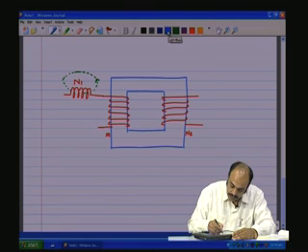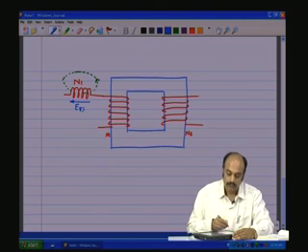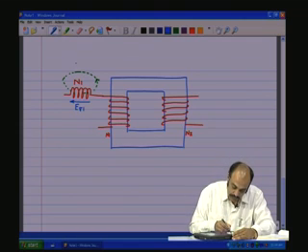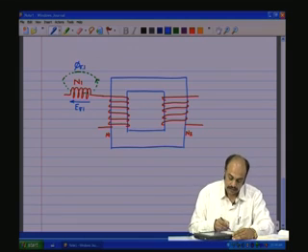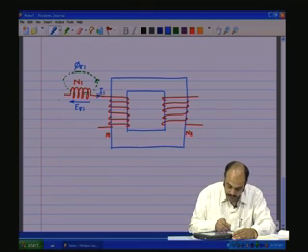And that is going to induce an EMF, which is E sigma 1, due to the leakage flux phi sigma 1, because a current I1 is flowing through the coil.